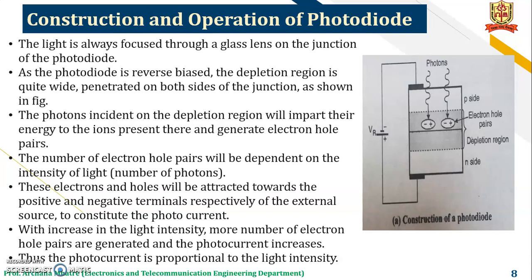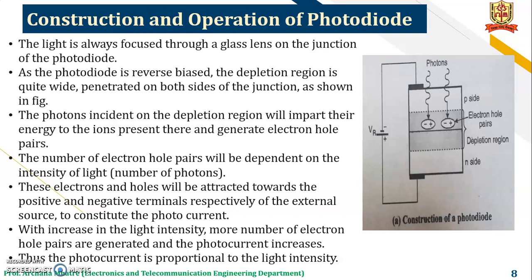As the photodiode is reverse biased, the depletion region is quite wide, penetrated on both sides of the junction as shown in figure. The photons incident on the depletion region will impart their energy to the ions present there and generate electron-hole pairs.